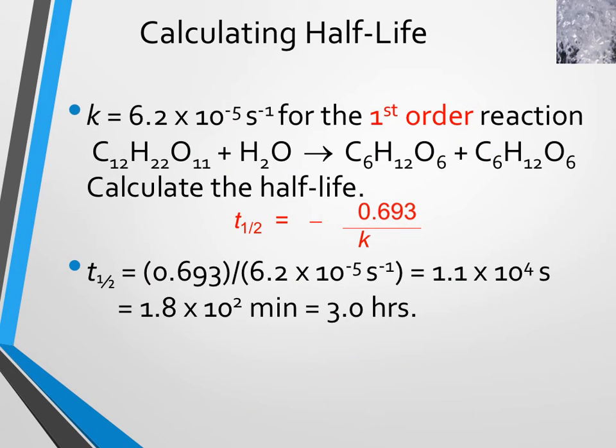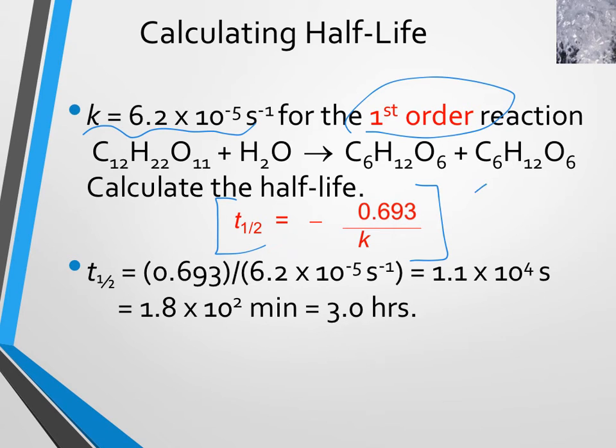Here's a typical half-life problem. They give you the rate constant. They tell you that it's first order. I will not give you half-life equations on your tests and quiz. So you either need to memorize them or learn to derive them.